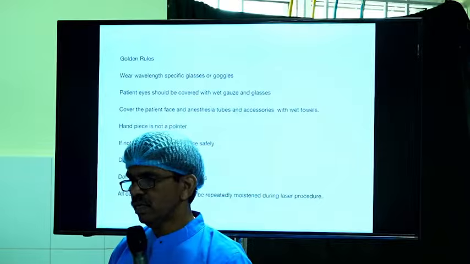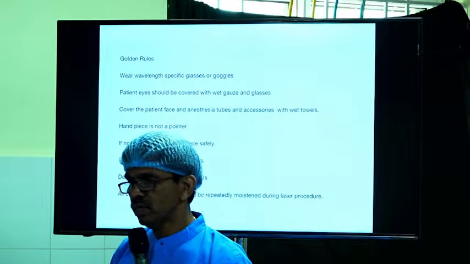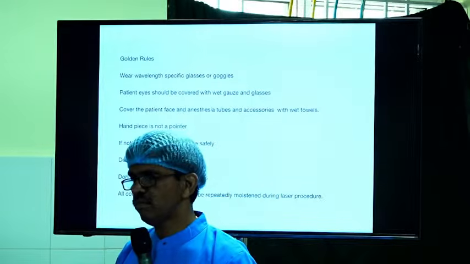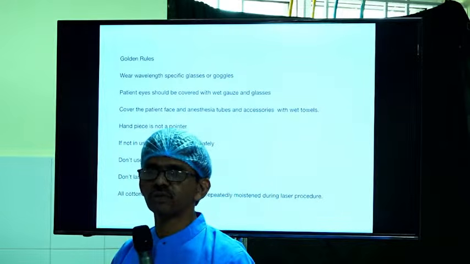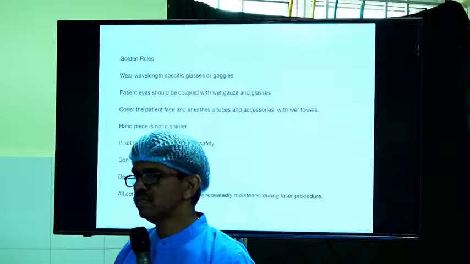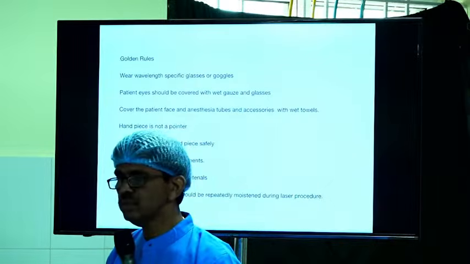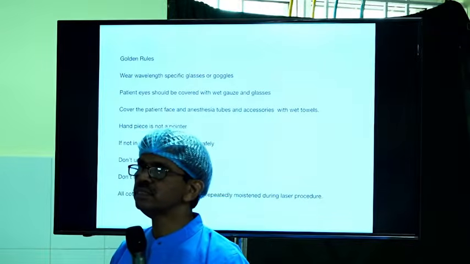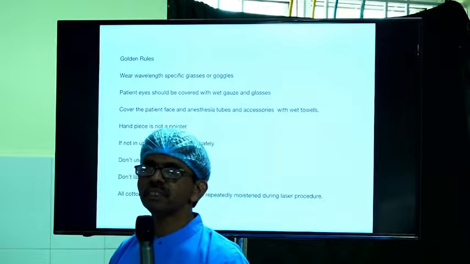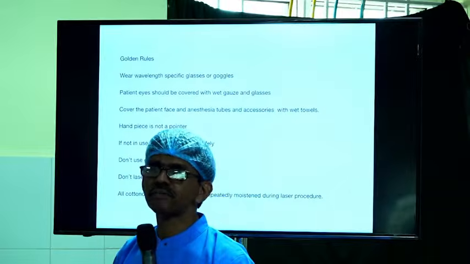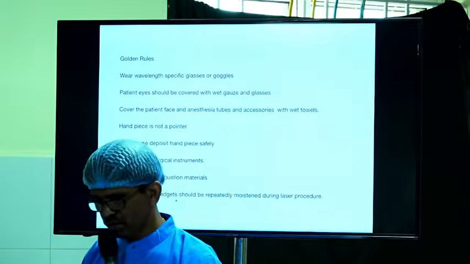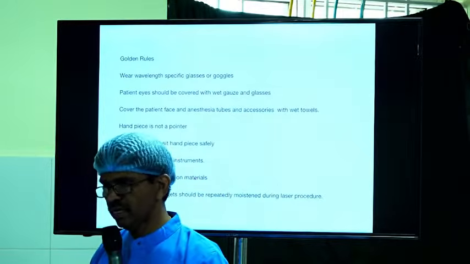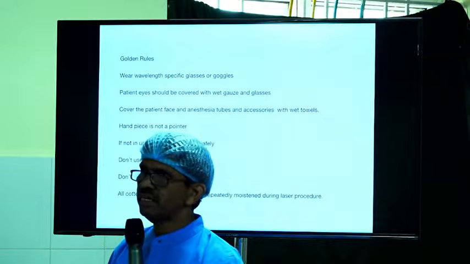And don't laze on combustible materials, especially the tubes. And most important, the last one: cotonoids and pledgets should be repeatedly moistened during the laser procedure. With these golden rules, we can go ahead and do the surgery safely, especially when using a laser.